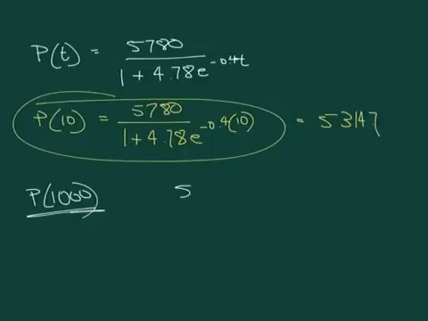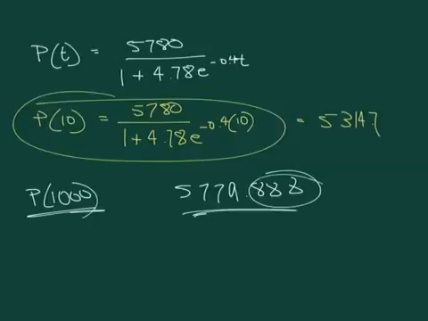It might be awfully close to 5,780, but it will never get there. It will get closer and closer, but these decimals will never round out to exactly 5,780. So with limited growth, it will never quite get there.